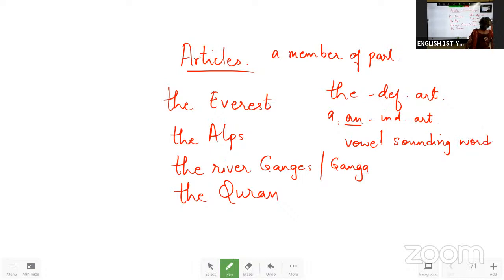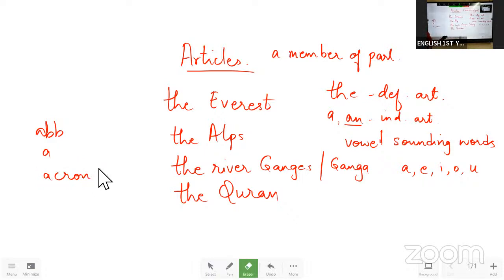A, E, I, O, U. And also, when it is an abbreviation, you use an. But if it's an acronym, you use A. Sorry, I've just told you the opposite.